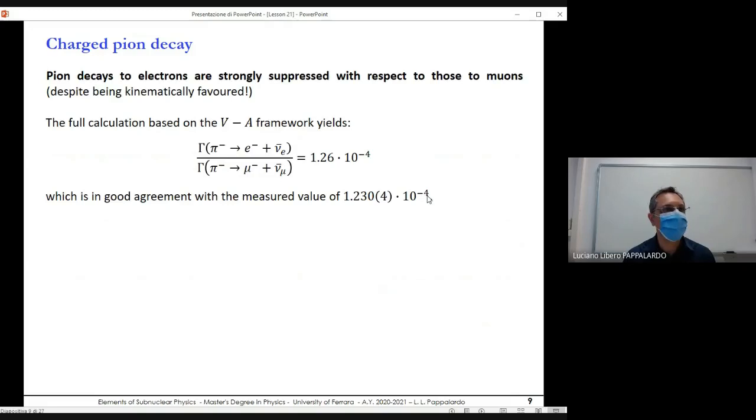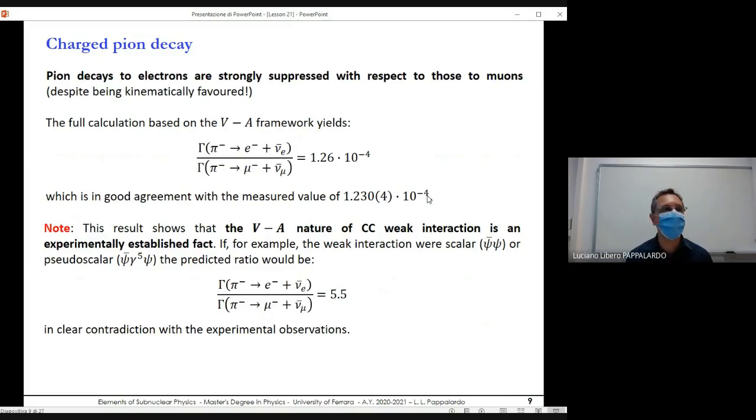So all this is understood assuming the V minus A structure of the charged weak current. We are assuming this because as a result of this, the W boson can only interact with right-handed antiparticles or left-handed particles. If nature had made a different choice, suppose that the weak interaction were either a scalar or a pseudo-scalar, then one expects this ratio to be of the order of 5.5, in complete disagreement with the experimental result.